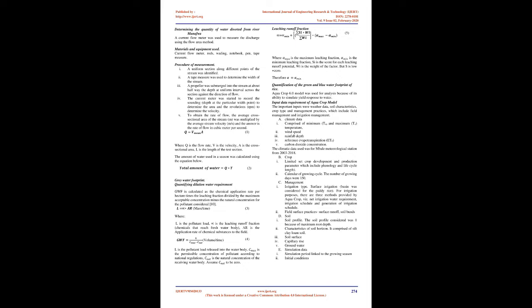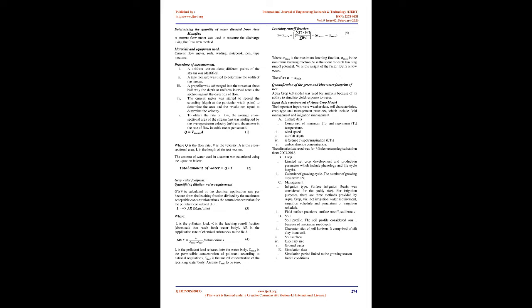L = α × AR, mass/time, where L is the pollutant load, α is the leaching runoff fraction, the chemicals that reach the fresh water body, and AR is the application rate of chemical substances to the field.